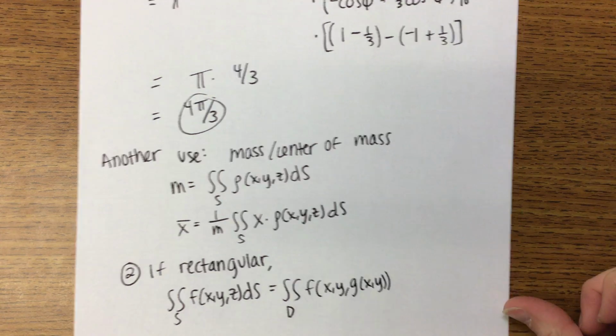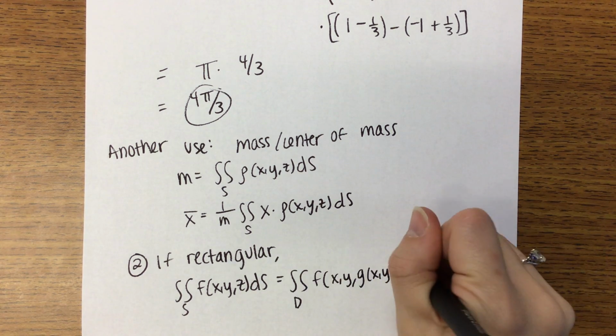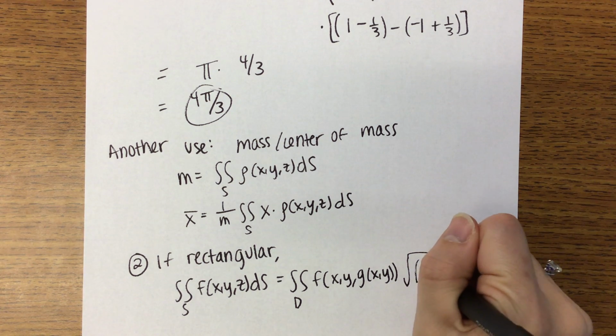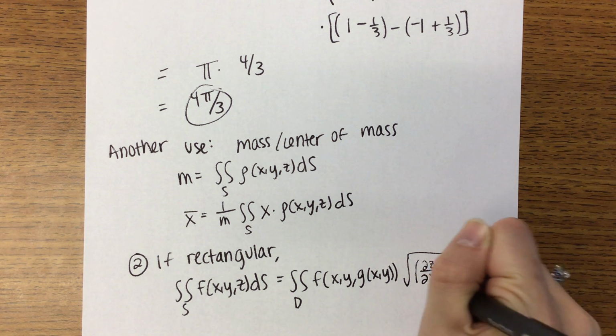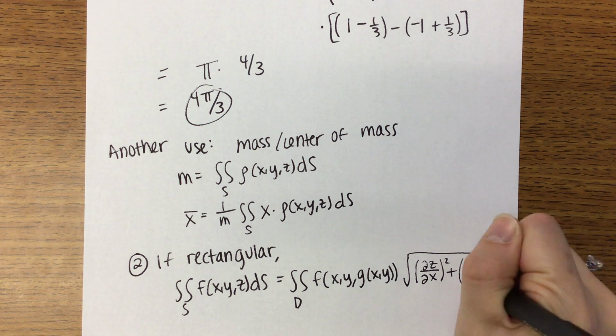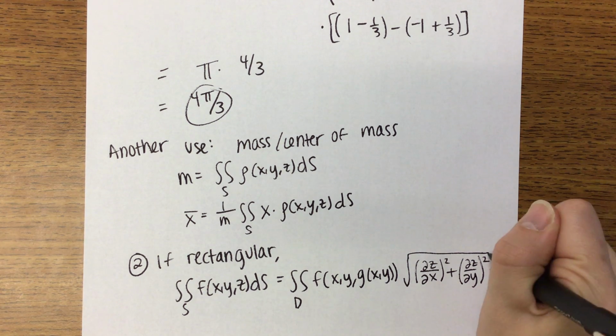Do you remember how to find surface area of a rectangular surface? Involves a square root. Partial of z with respect to x squared, plus partial of z with respect to y squared, plus 1.